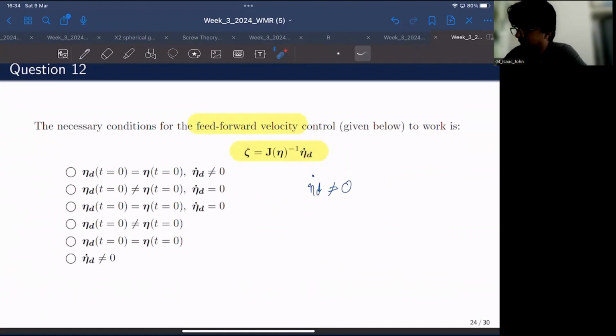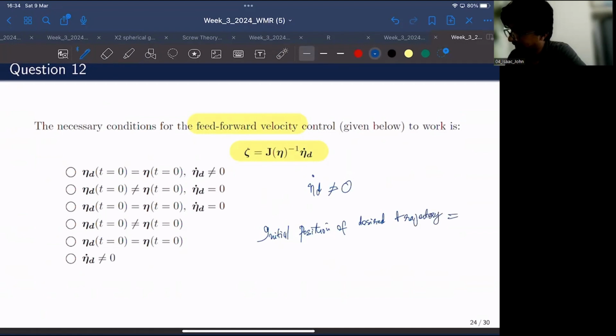And what is the other requirement? That is nothing but the initial position of the desired trajectory should be equal to the initial position of the actual trajectory.